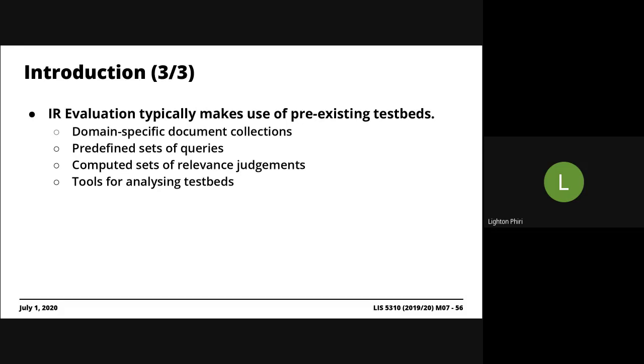So it's usually the case that information retrieval platforms are evaluated against pre-existing data sets. These are called test-bases, right? If you look up things like TREC, for instance, there are these data sets that people constantly produce. The idea behind these predefined test-bases or data sets is that there are already results that have been benchmarked.